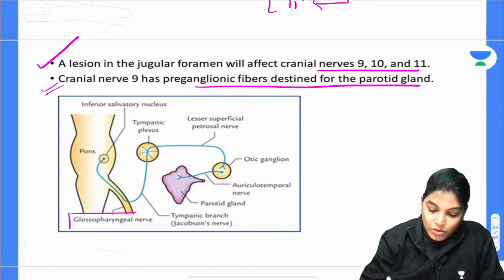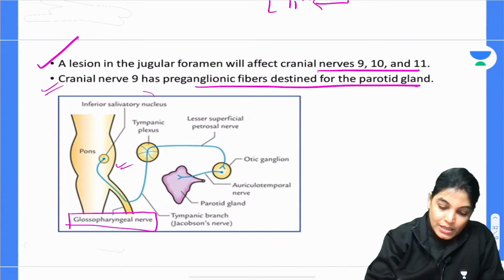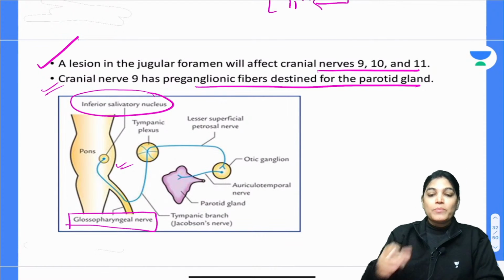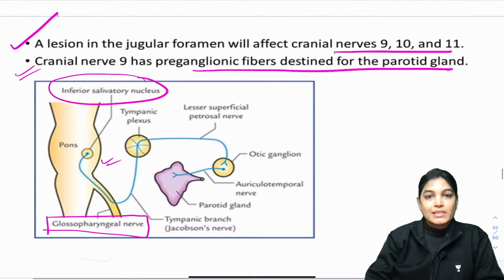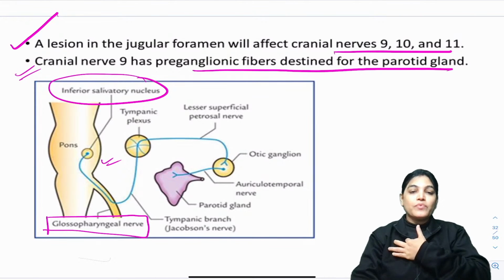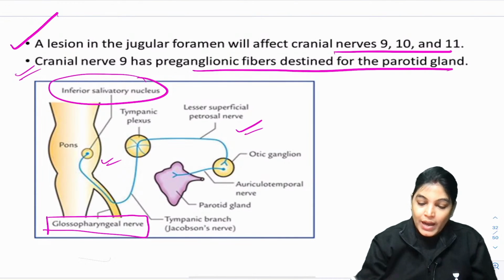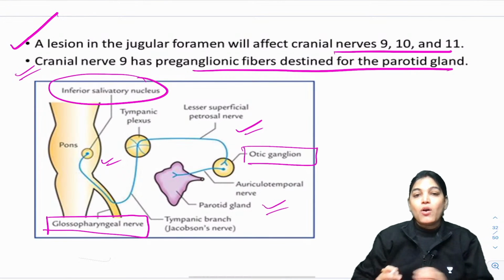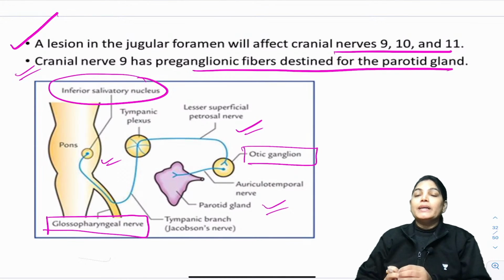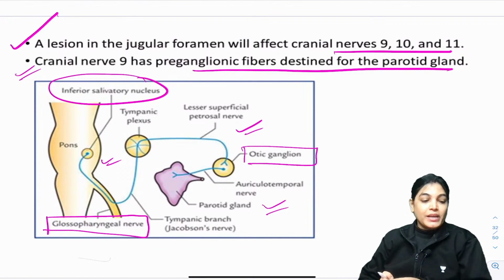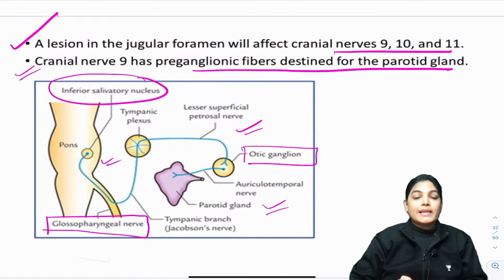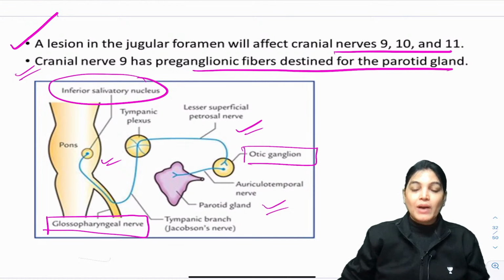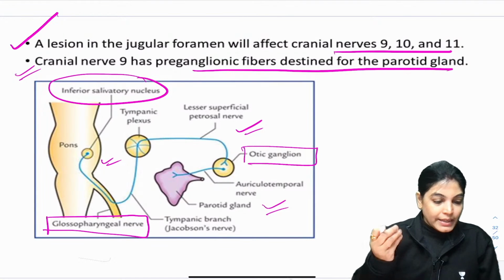The preganglionic fibers arise from the inferior salivary nucleus, and via the glossopharyngeal nerve, tympanic plexus, and the lesser petrosal nerve, the fibers relay in the otic ganglion, and via the auriculotemporal nerve, give parasympathetic innervation to the parotid gland. It is a very important nerve giving secretomotor fibers, and most of the parotid gland secretion forms the saliva, which is watery in consistency.